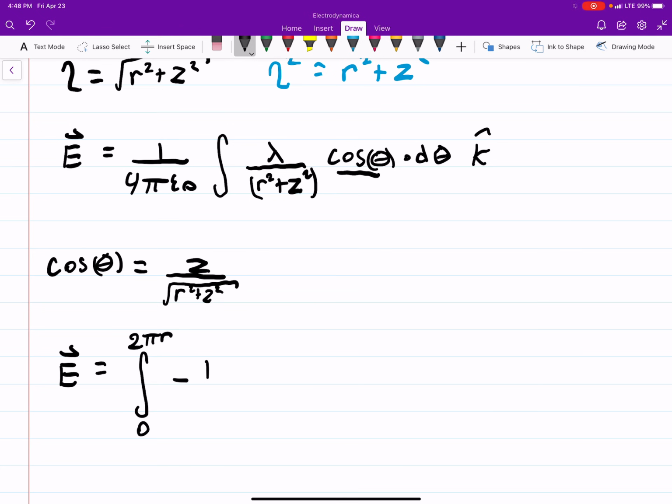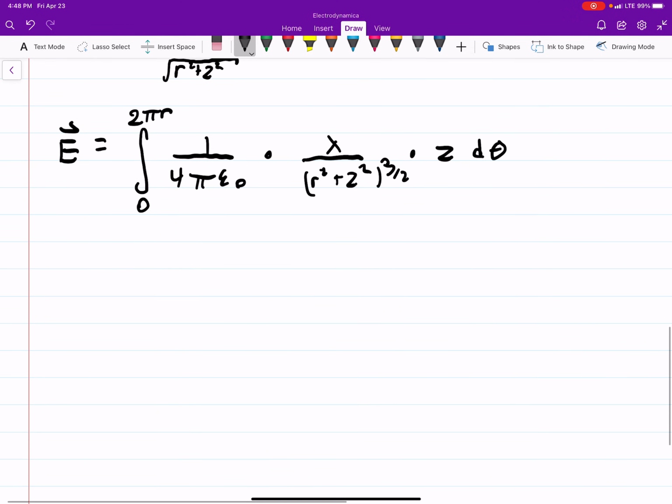I guess I can put the constants. It doesn't really matter. Times lambda over, let's see, we're going to have r squared plus z squared to the 3/2 times z d theta. Well, now everything but the d theta is a constant. So you could think of factoring that out. You'll be left with just theta.